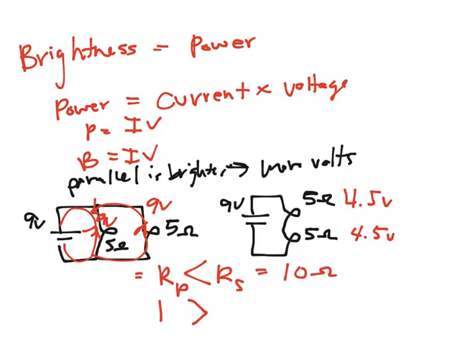This is going to get you 1 over 5 plus 1 over 5, which is 2 over 5, so 5 divided by 2, 2.5 ohms of resistance total in the circuit. And because of this, your current in this case is going to be much larger. So not only does each one have more volts, there's also more current.